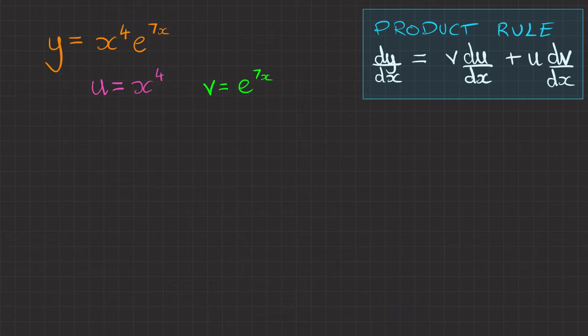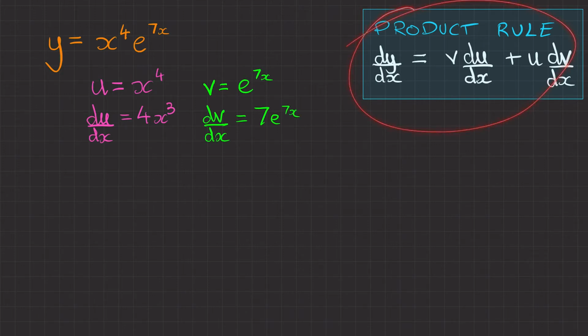Next we want to differentiate u and then v. So for u, we've got du by dx equals 4x to the 3, and for v, we've got dv by dx equals 7e to the 7x. And then at this point, we need to use the product rule in order to put it back together and get our final answer.